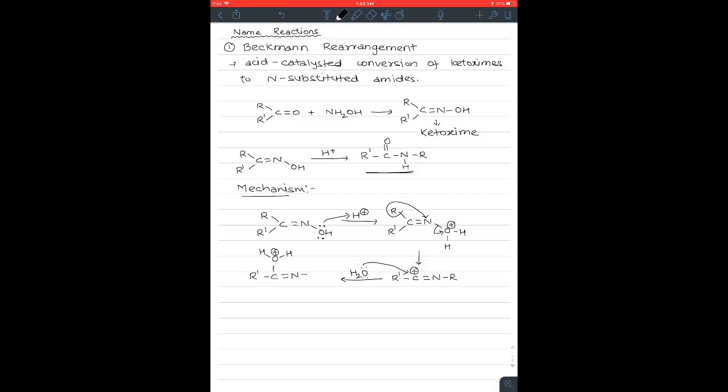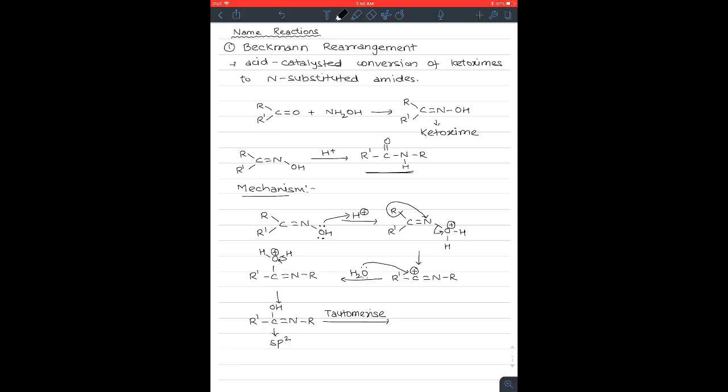After this, what we know is that the positive charge on O is unstable, so it loses a proton and this compound will be converted to R dash C OH double bond N and R. This compound is a type of enol, not exactly an enol, because OH is attached to an sp2 hybridized carbon, and this compound will tautomerize. Tautomerization, I hope you have an idea. What happens is that hydrogen migrates from one atom to another atom.